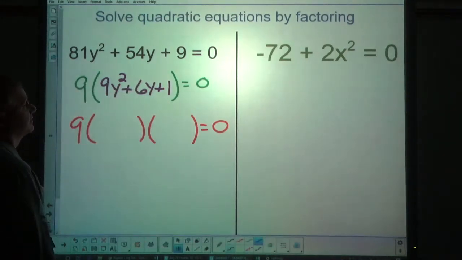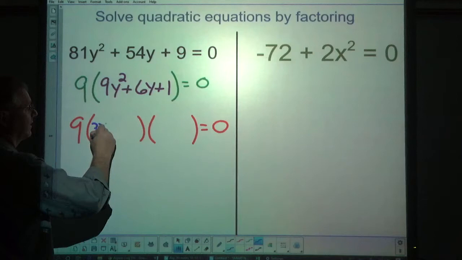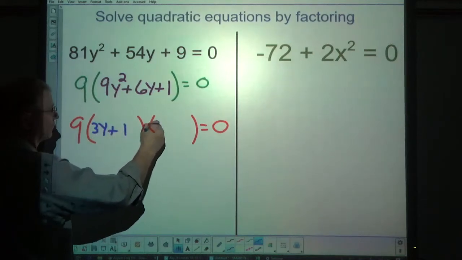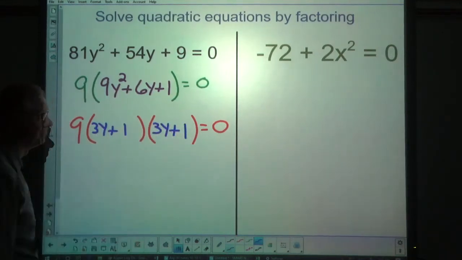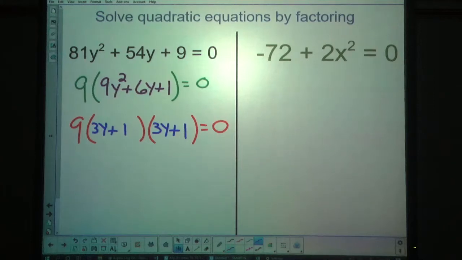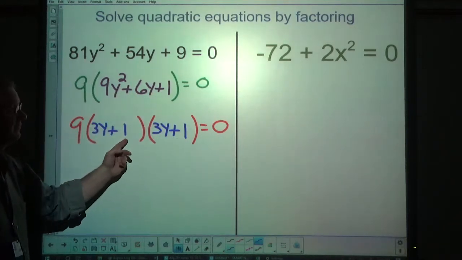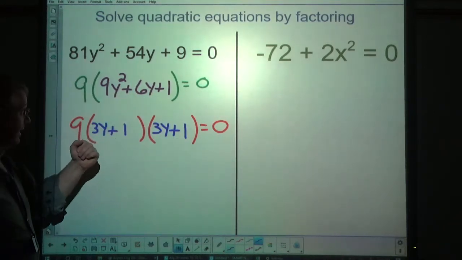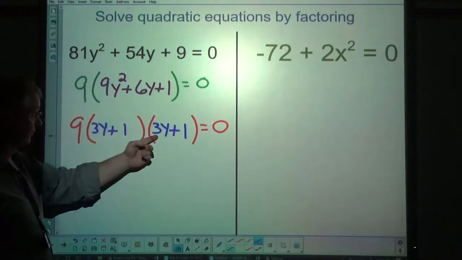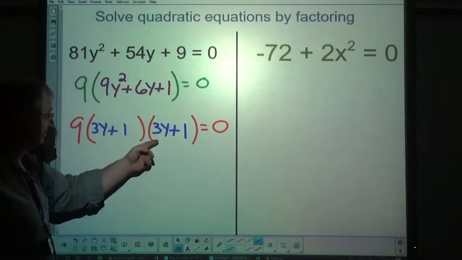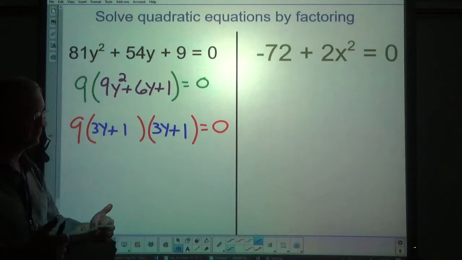Let's see. It looks like 3y plus 1 and 3y plus 1. Pair of numbers that give me 1, go at the end of each, that's the only option. Pair of numbers that give me 9, 3 and 3 also, smiley face, give me 6y, you're good.